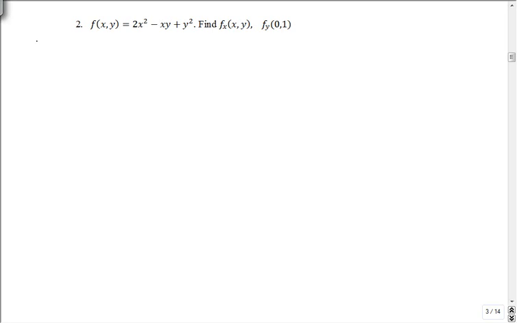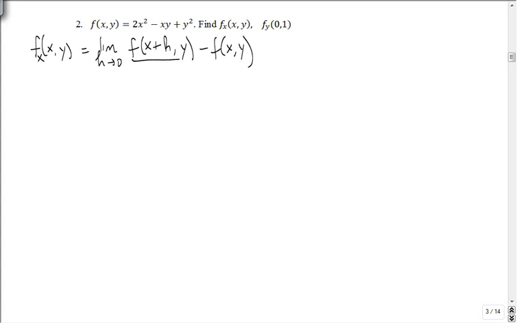So again, let me write out the definition for partial with respect to x. That is equal to the limit as h approaches 0 of f of x plus h, y minus f of x, y over h. So f of x plus h: put x plus h in place of x in the function.